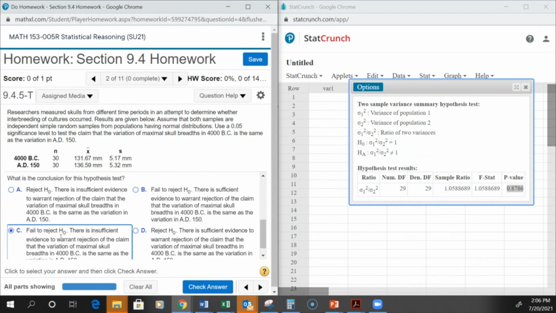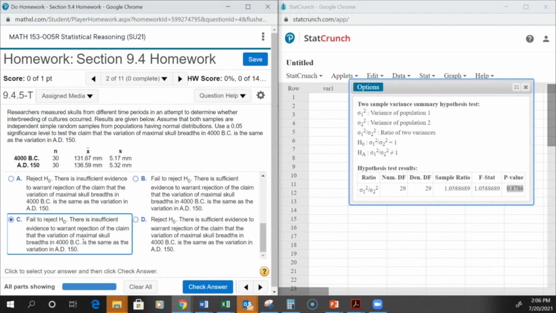So someone says, you know, these skull sizes, 131 and 136, have the same amount of variation. And we don't have any ability to argue against that. Have we proven they're the same?